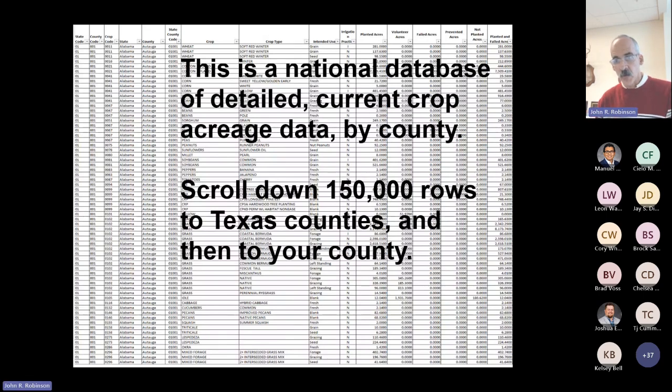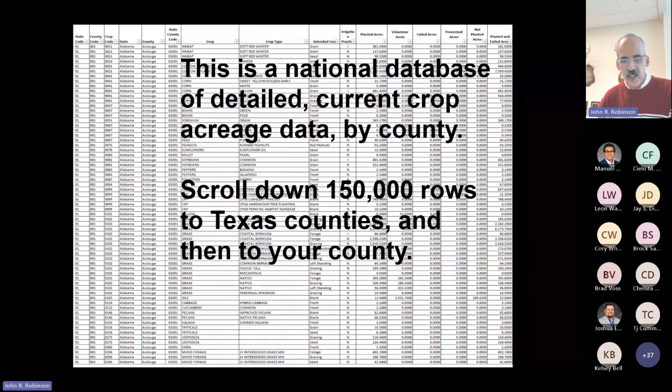But like I say, if I was new to a county, I would recommend doing this and sticking it in an Excel file on your computer and just look at it once or twice a year, just to get a feel for all the detail of stuff that's being produced in your county.